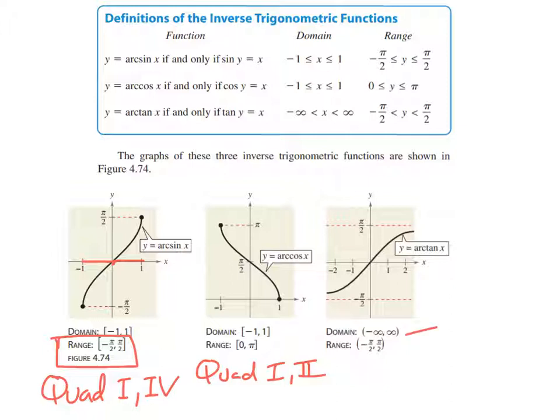Notice with the domain here with inverse tangent, it doesn't have any restrictions, okay? Tangent is a different ratio from sine and cosine, so that part is really different. It has some similarities to sine, that if you want to cover all of your tangent values, look to quadrant 1, and then look to quadrant 4.